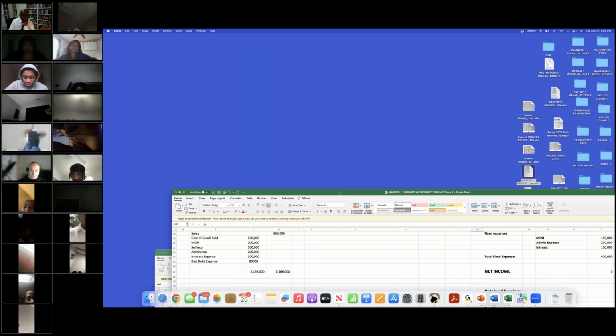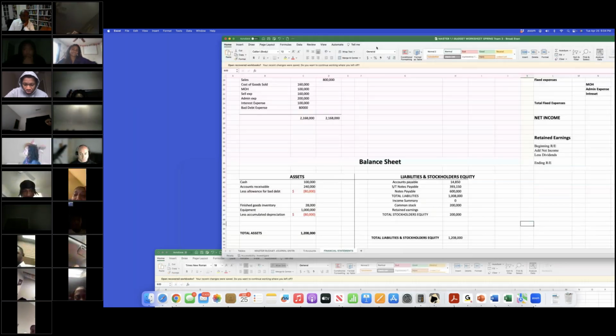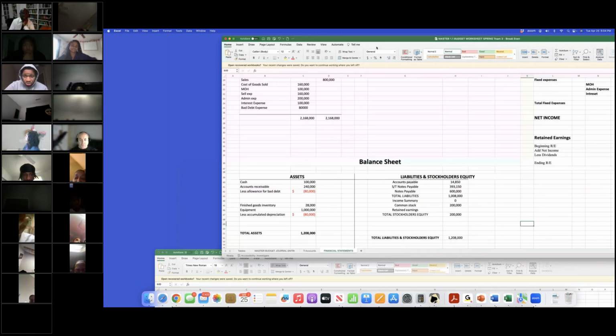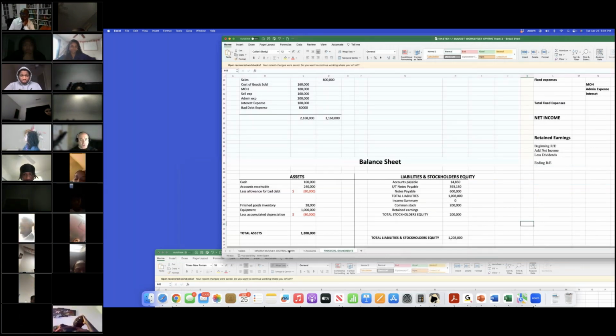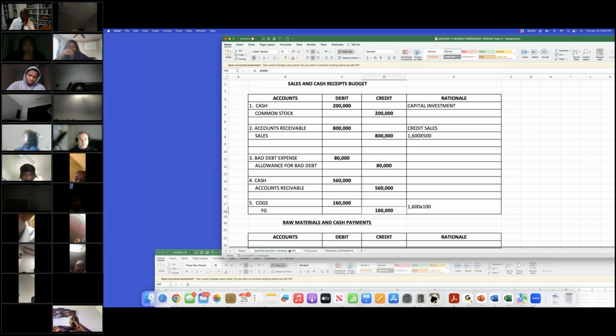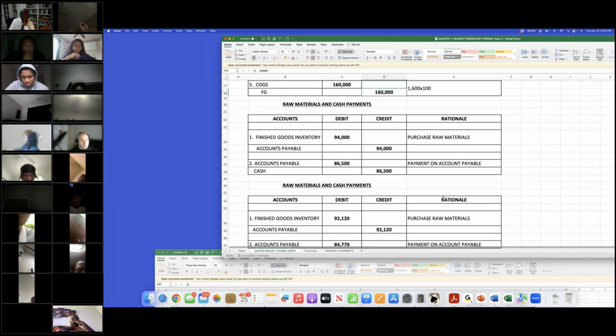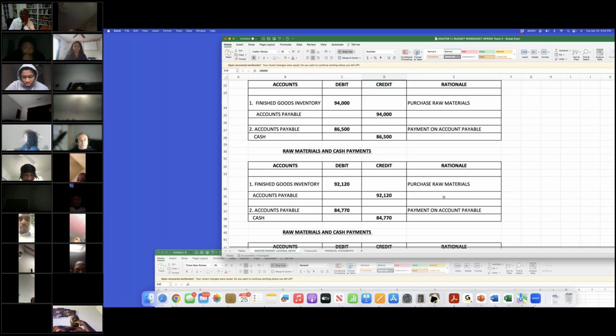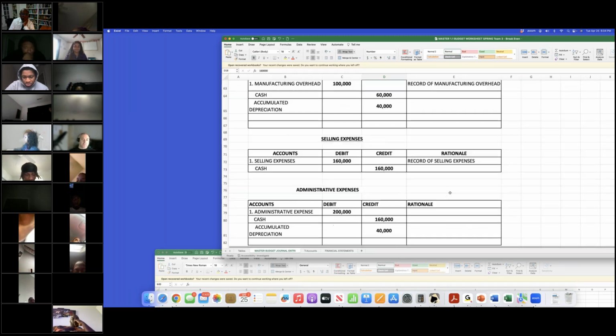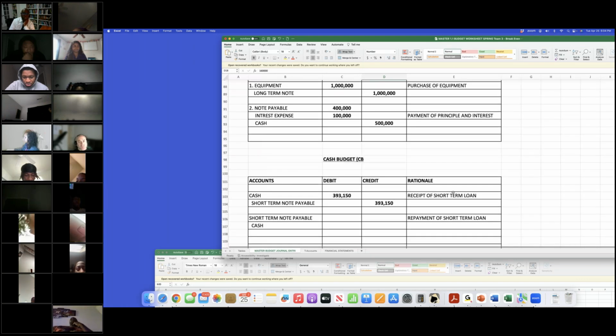Okay. Let's go back to the journal entries for a second. This was the only journal entry that was sort of off. It was well done, but a journal entry some of you were forgetting was the receipt of those short-term loans.